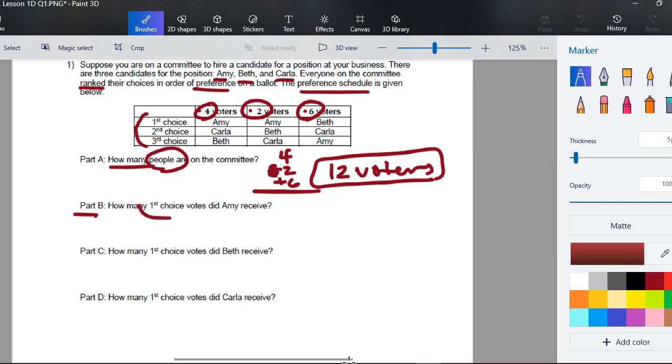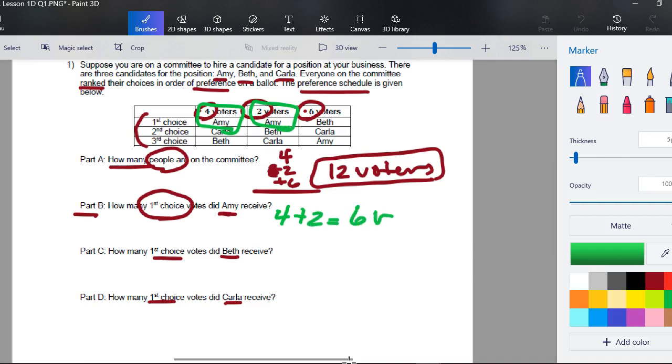Part B, how many first choice votes did Amy receive? And while we're looking here, it's always good to look at your questions while you're there. First choice for Beth and first choice for Carla. So looking at Amy, we'll go with a green. Amy got 4 first place votes, and then Amy got 2.